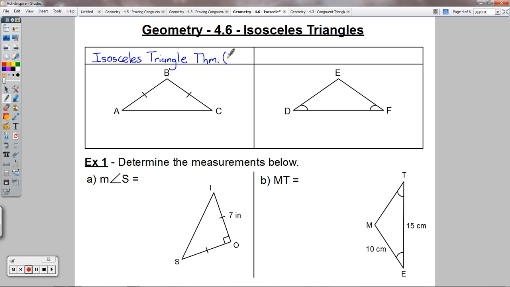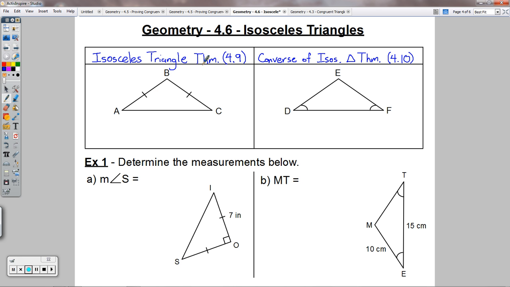They have some theorems in there, so this jumps to 4.9, so don't get confused by that. And then over here we're going to have the converse of that same theorem. So the converse of the isosceles triangle theorem, which I'll abbreviate like this, is 4.10.